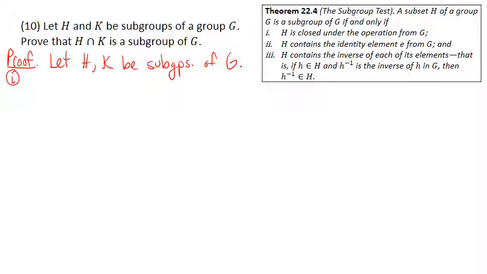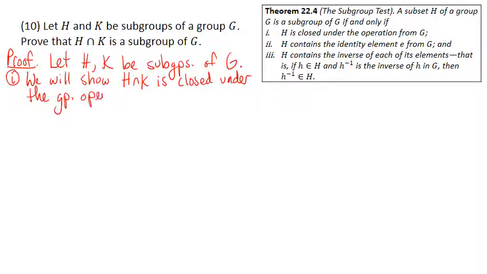So part 1, we will show, I'm just going to put a goal statement here to keep myself focused, that H intersect K is closed under the group operation, whatever that might be. I'm just going to write it as multiplication since I don't know what it is. Okay, so this is an optional goal statement.